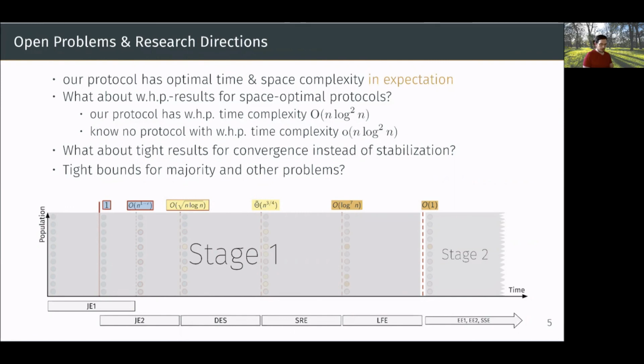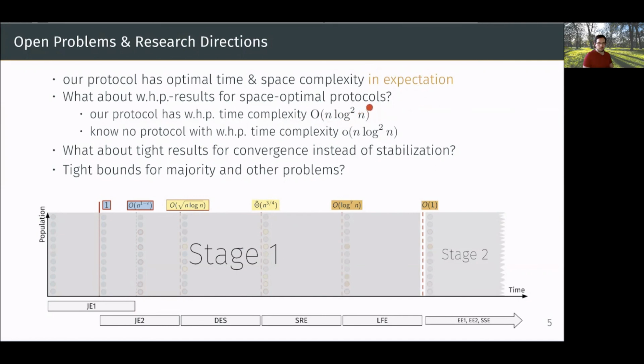Maybe just very quickly, I want to mention one of several open problems in this area, which is quite interesting. The result I just presented to you looks at expected runtime. And if you look at the high probability runtime of our protocol, this is still only n log square n. And it would be very interesting to see whether one can improve upon this.